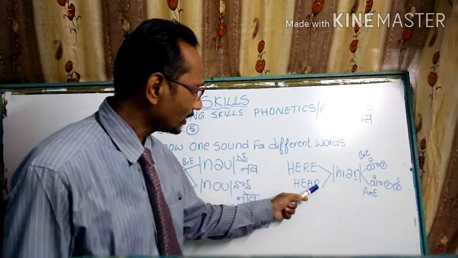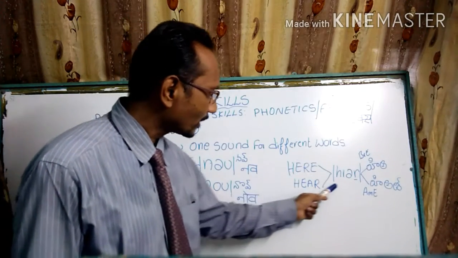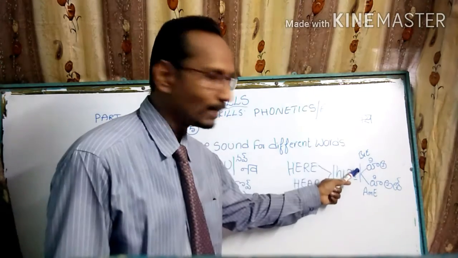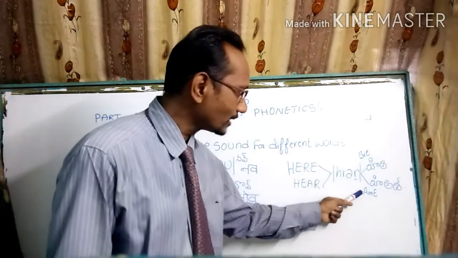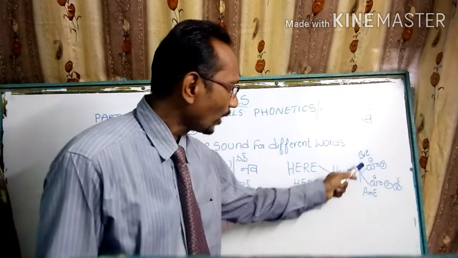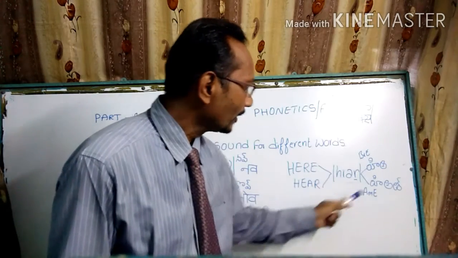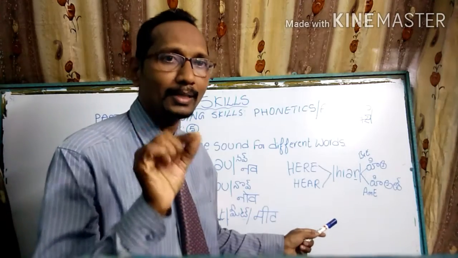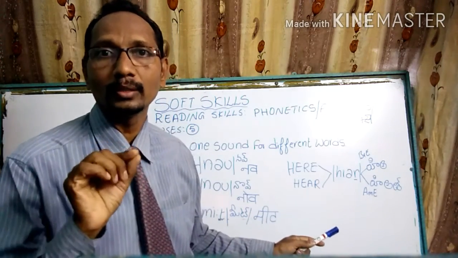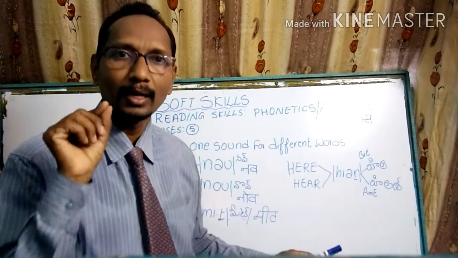So coming to these two words, in British English we call it "here". Coming to this one, we call it "here" with the R. So this is American English. Why are you not calling it with R? Britishers do not pronounce the letter R sound at the end, it is only for writing.